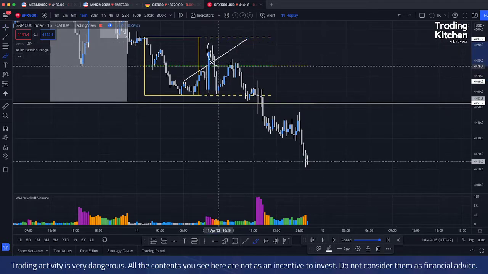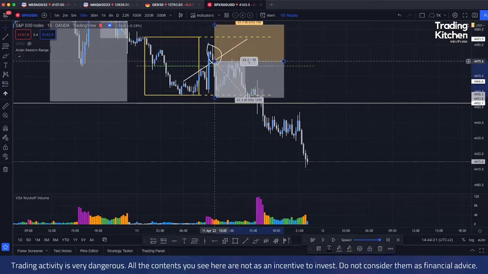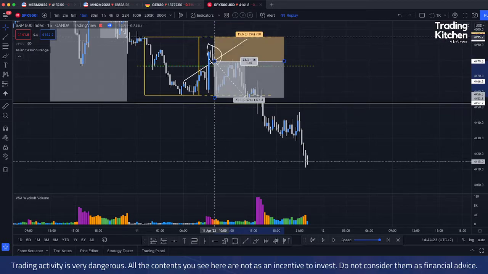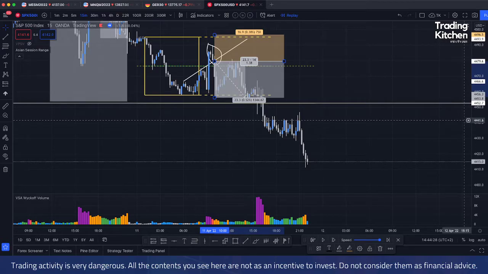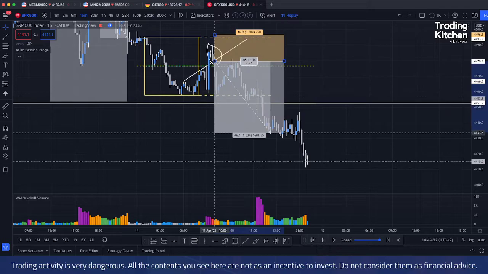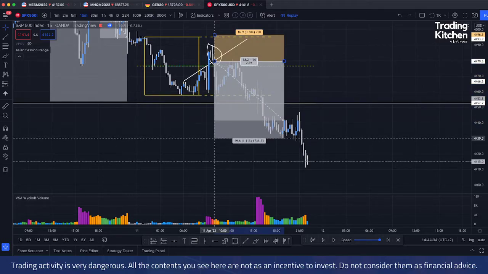If you are an aggressive trader, you can easily enter here, with the stop loss just below the Asian high, and a TP with 1.3.